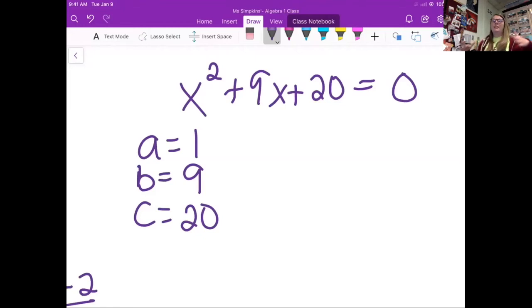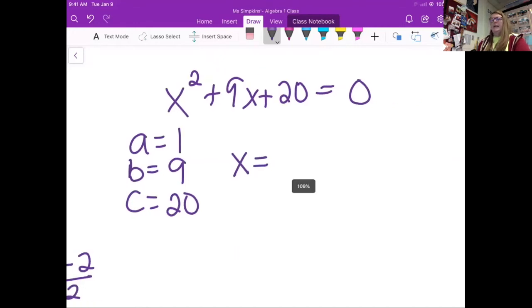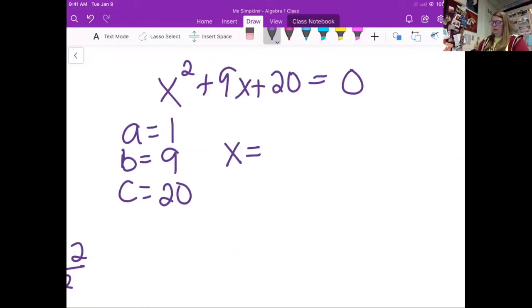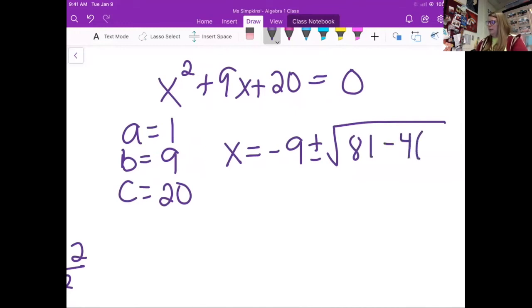So again, the first thing we're going to do is plug the stuff into the formula. So x equals negative b, negative 9, plus or minus the square root of b squared, 81. 9 times itself is 81, minus 4 times a, which is 1, times c, which is 20, all divided by 2 times 1, or 2a.